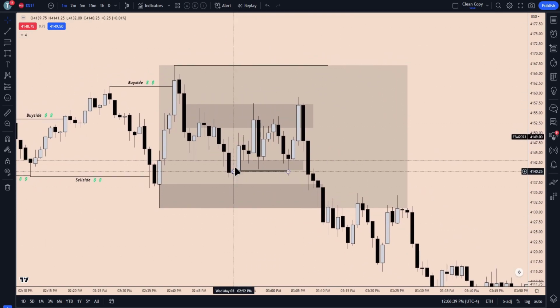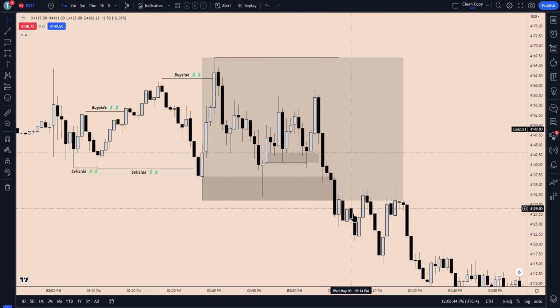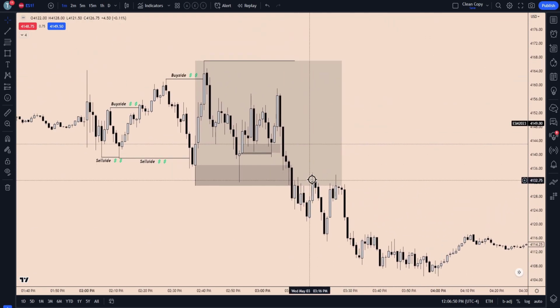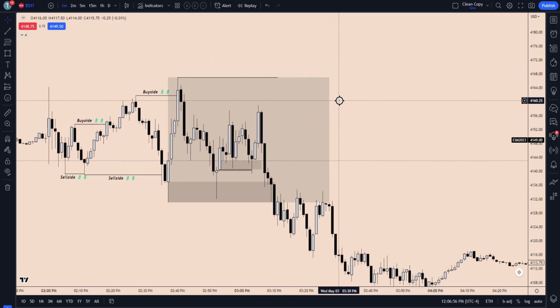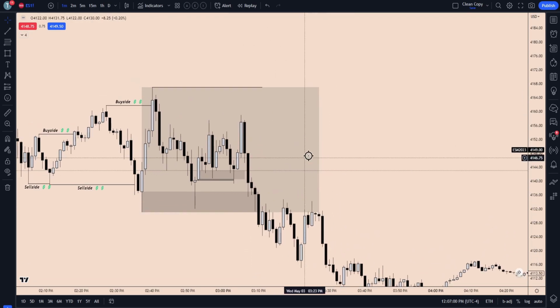What's also important to remember about these balanced price ranges is that once we leave from them, so when they get created and we respect them and we trend lower like we have, if price starts trading back up into it, we would look for price to trade through it because it's already been balanced and left. So if price is returning into it, it's simply doing it to trade through that balanced price range.